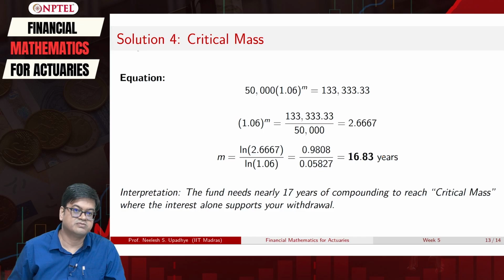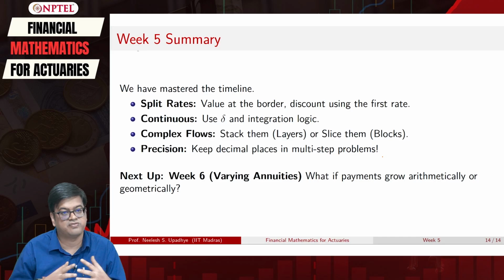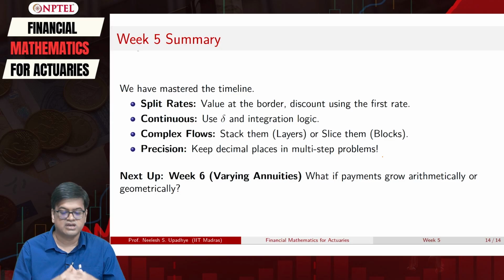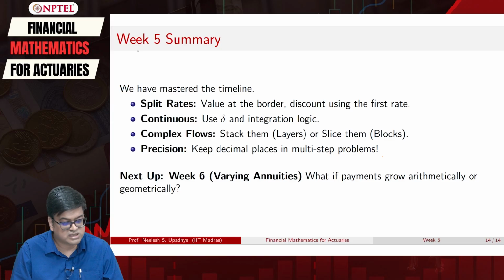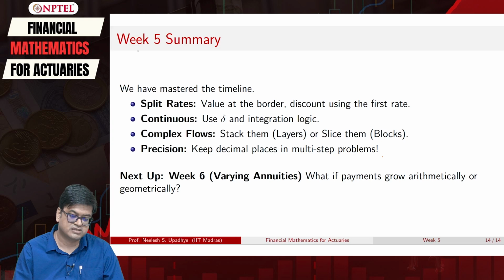So let us summarize what we have learnt in this particular session and in week 5. We have actually mastered the timeline. We have split rates, which is the changing economy. We looked at the value at a border and we discounted with the first rate. We looked at continuous payment streams, and then we used delta integration logic.